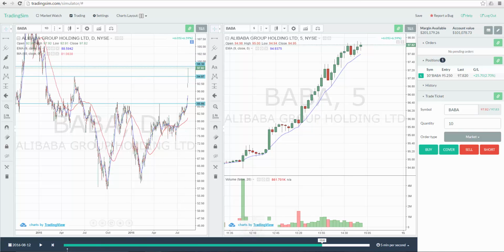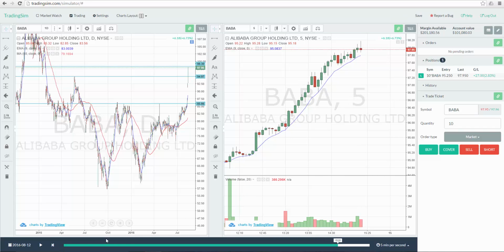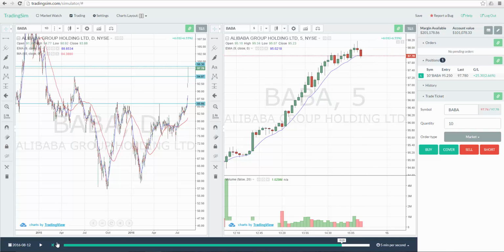Remember, 98.50 is a level, so we're going to be keeping an eye on that, and on this 9 EMA. At this point we've almost hit our target. We've seen this little reversal bar here and a move lower a little bit, so we're going to lighten up half the position here.